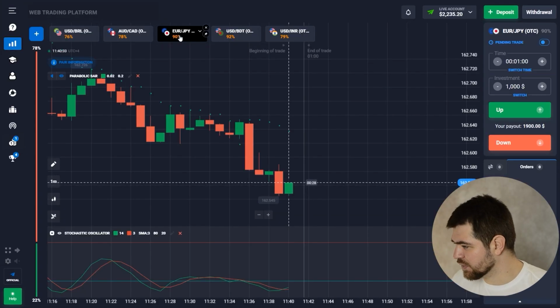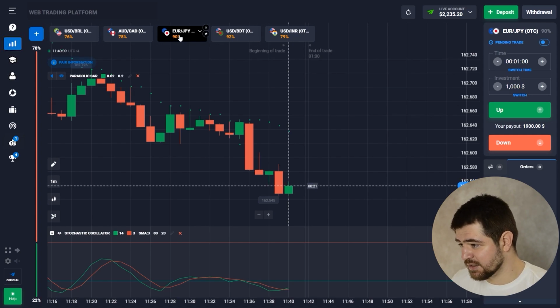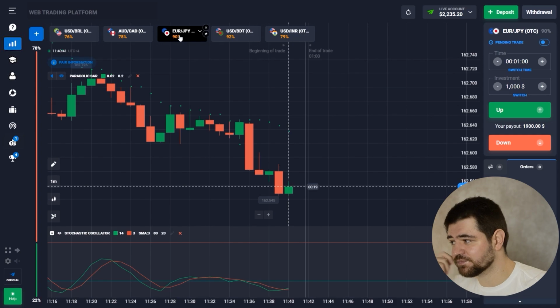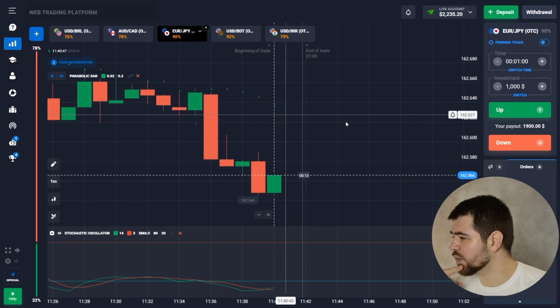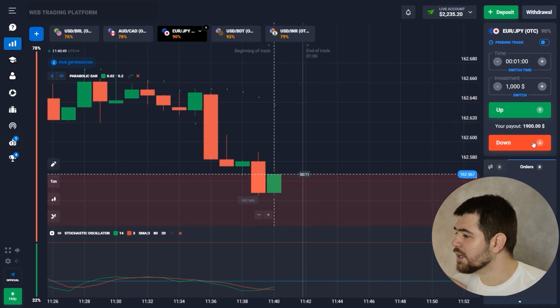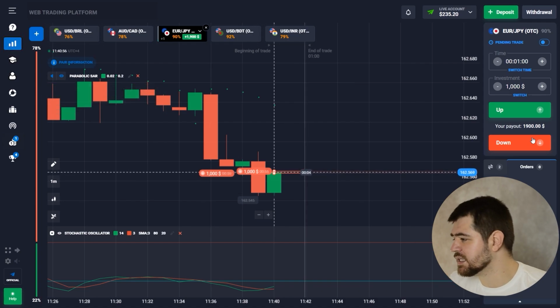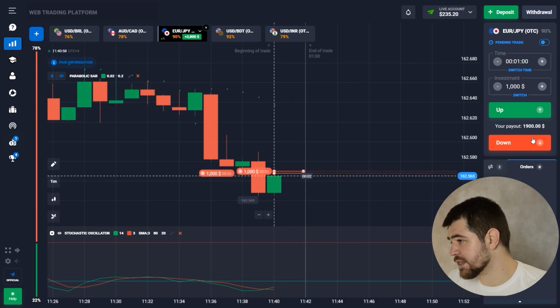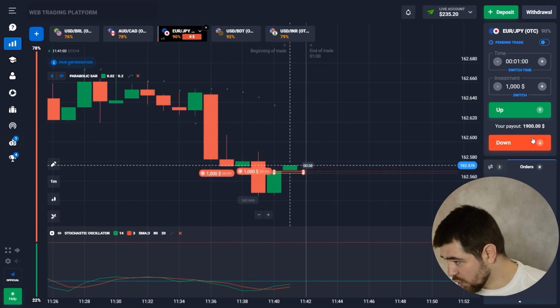All right, so here we see a downtrend, and there was a resistance level, and then it didn't work out, so it started going down. Okay, so let's see, we just made a $2,000 option in short.